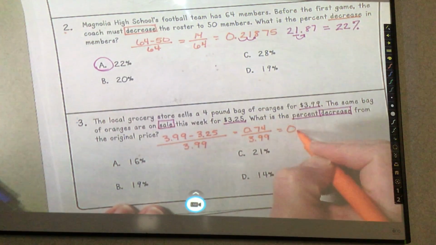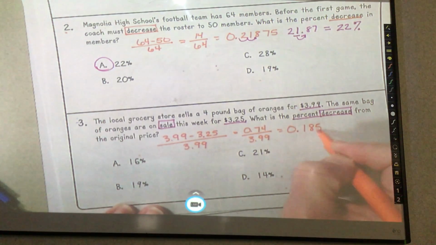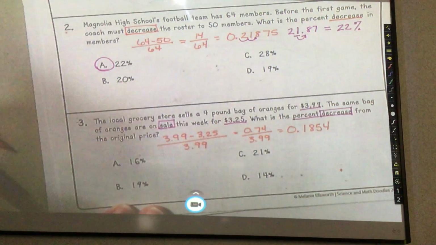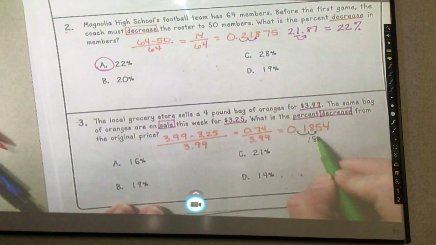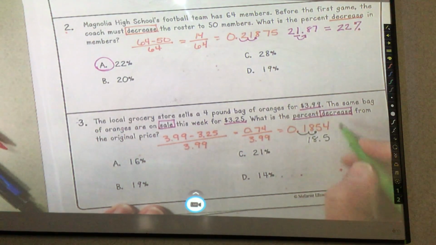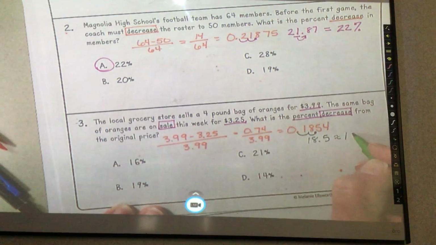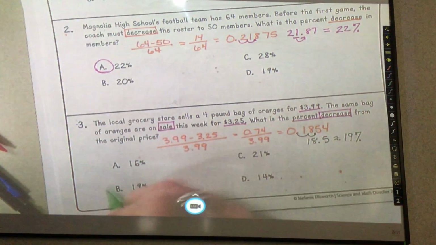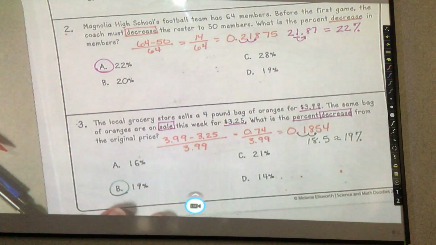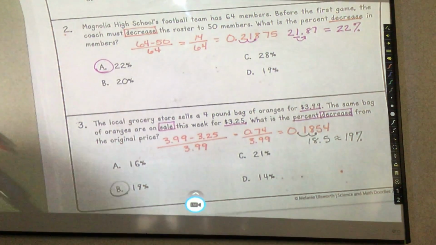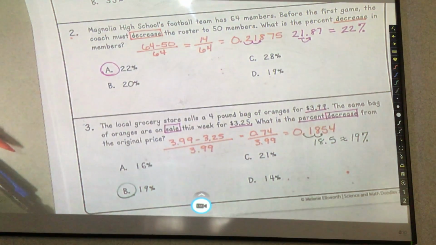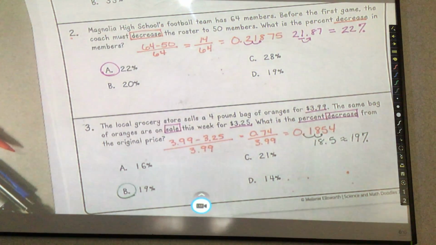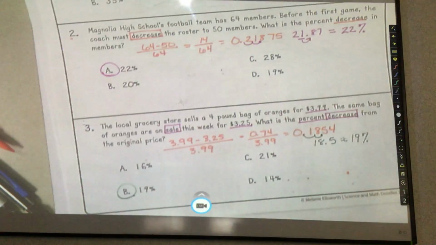And I get 0.1854, and it keeps going, but I'm going to move my decimal place. So it's 18.5, which is rounded to 19%. Sit down if you got 19% and showed all your work. So even though we're using a calculator, you're still needing to show your work. You go ahead and stop it.